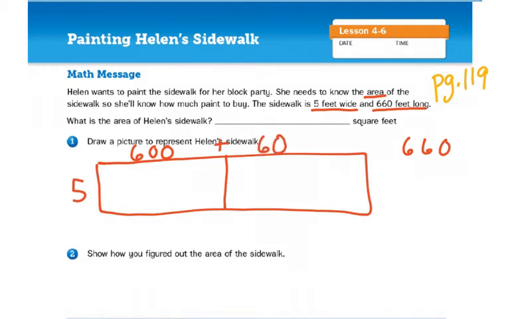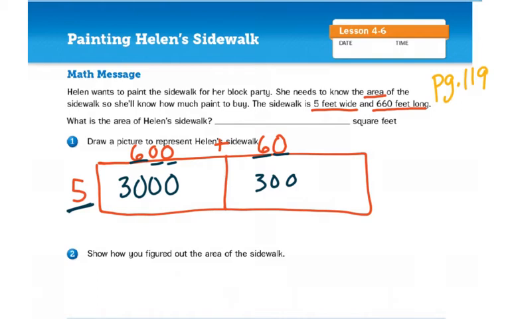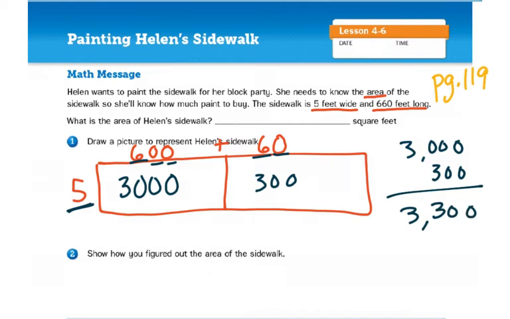So in this case, we would take 6 times 5 is 30 and add 2 zeros on. 6 times 5 is 30 and add 1 zero on. If I add those two numbers together, 3,000 plus 300, my area would be 3,300 square feet.